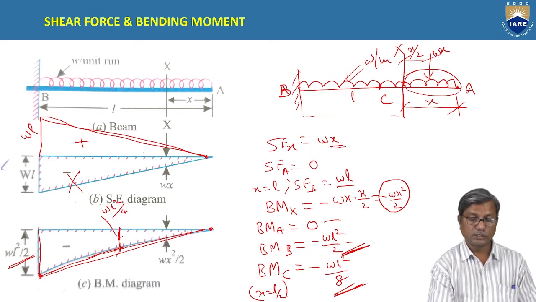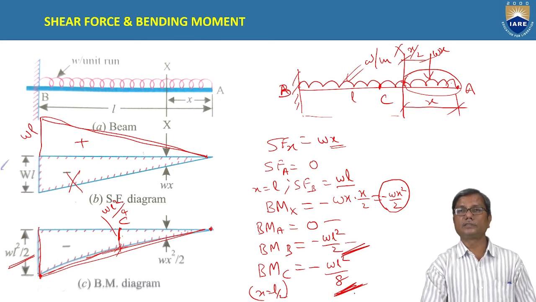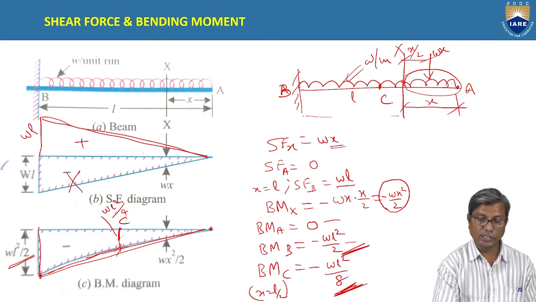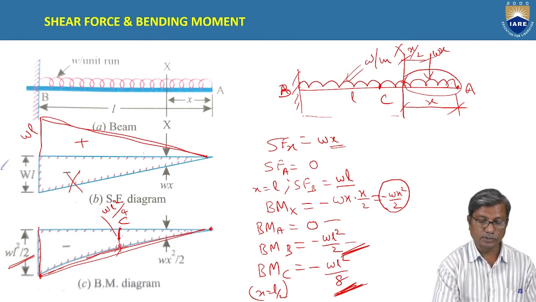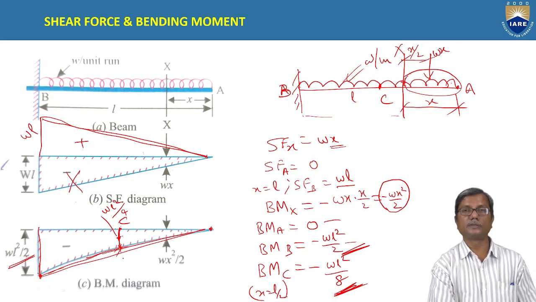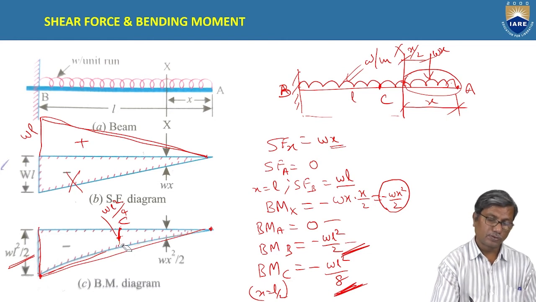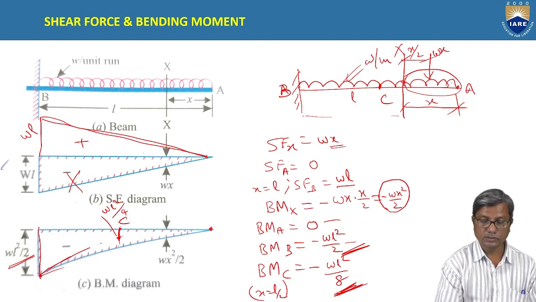But at C the bending moment is WL square by 8, which is less than half. So it will be below this point, somewhere here. So the curve will be drawn in this form.